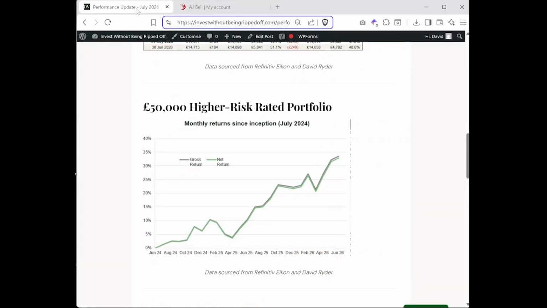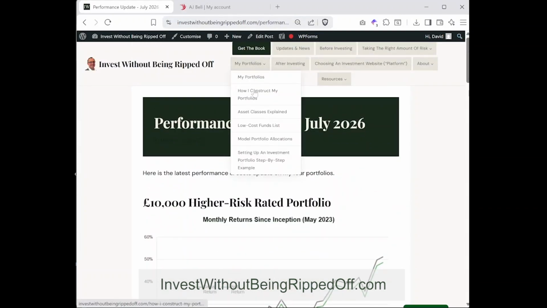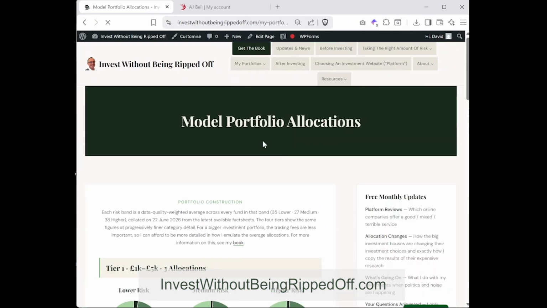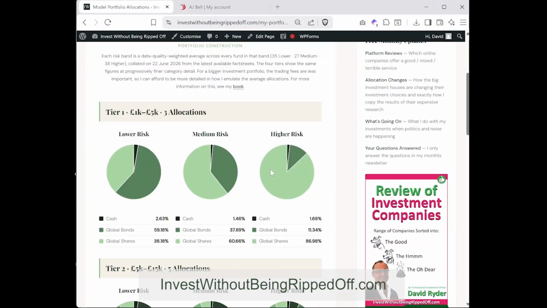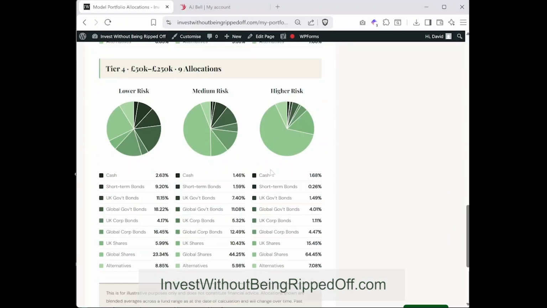So I go here and scroll back up to the top, and I go to my portfolios, down to model portfolio allocations. Now, as I said, I am rebalancing a tier 4 higher risk portfolio.